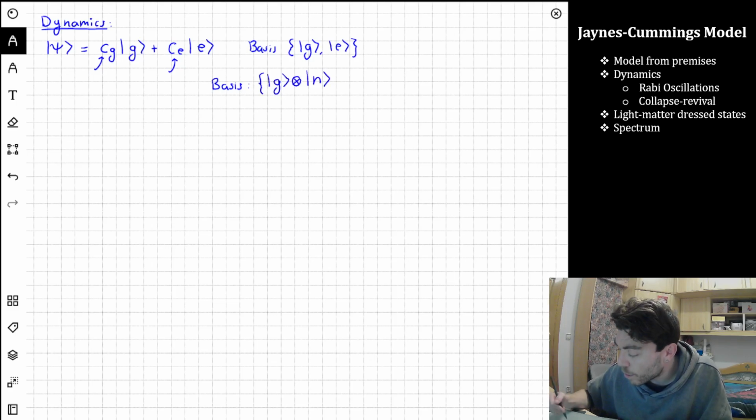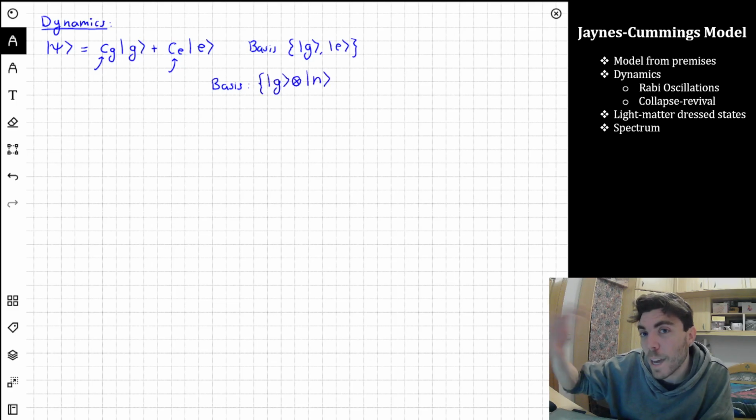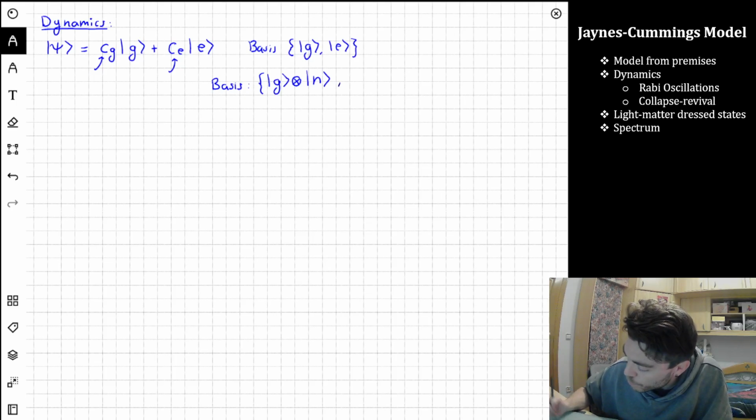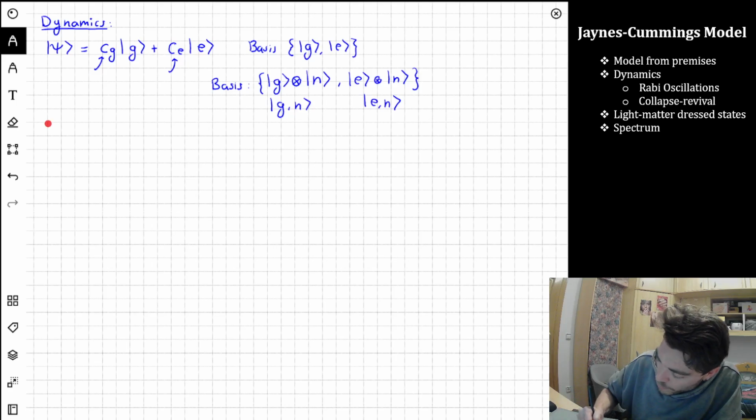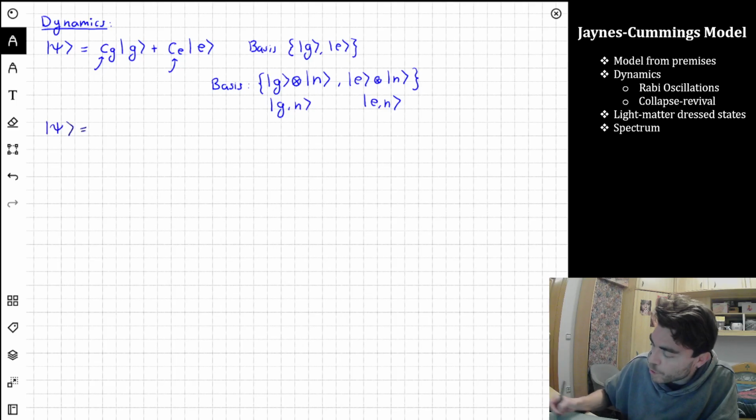It's just saying that, okay, I'm in the ground state and the cavity has this number of photons, and the same with the excited state. For short, these states are denoted as just |g,n> and |e,n>. They mean exactly the same thing. So now we can also write any state of the coupled system as a superposition of all these states.